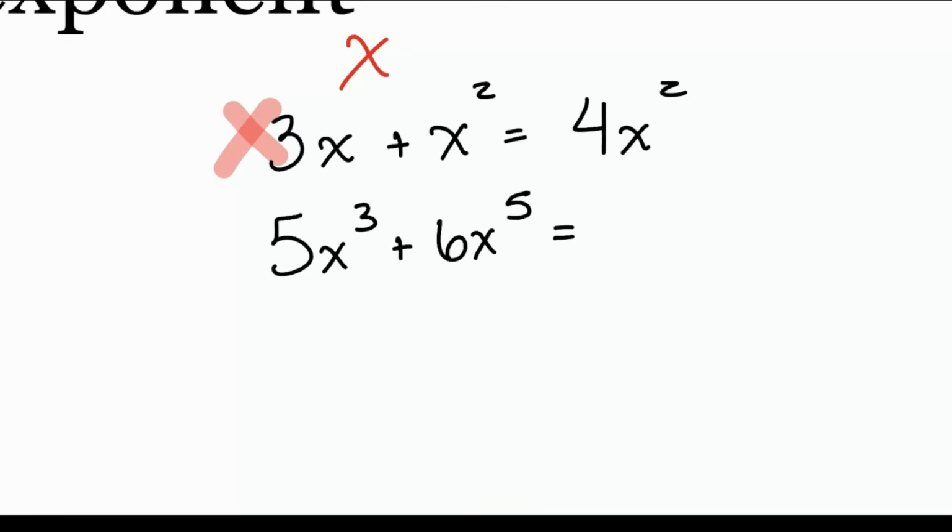So if I'm going through this, I'm saying, hey, I have 5 of these x cubed, and I also have 6 of these x to the power of 5. Everybody, is x cubed the same as x to the power of 5? Correct. They are not the same. And because we do not have the same exponent on each of those variables, these are not like terms.